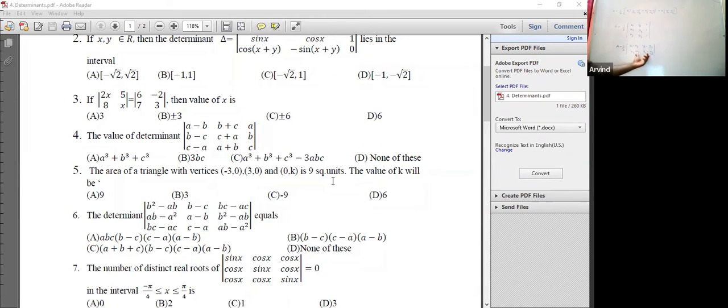Whichever this is better, I guess. You can take this second one and you can solve. Use whichever of the three formulas you like. They have given the area as 9 square units. You have to just find the value of k.